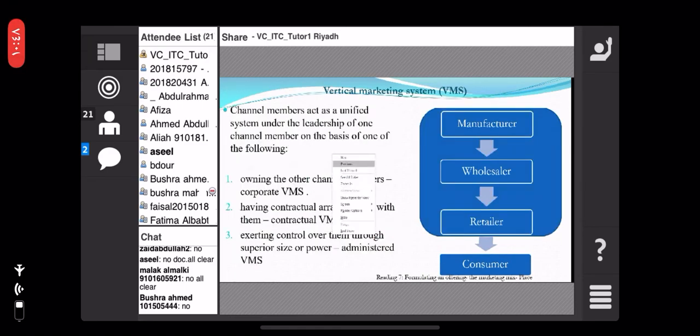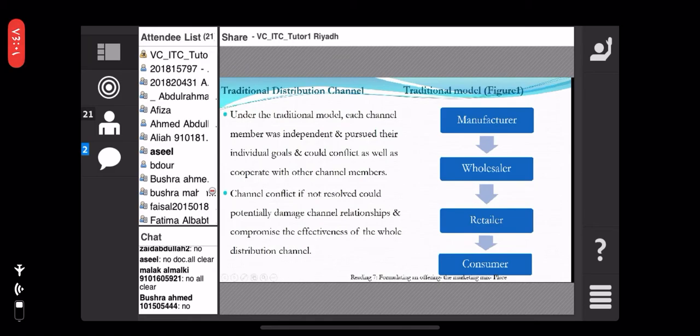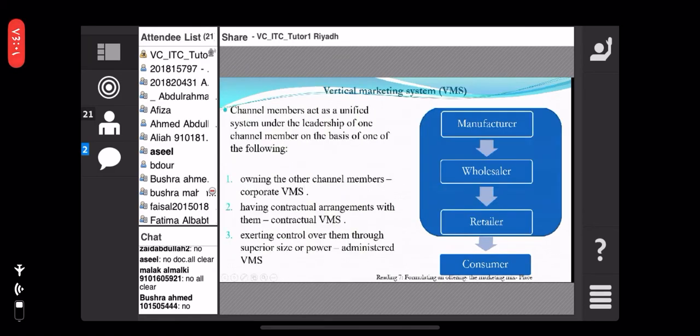By the way, we call this a traditional model. Now the vertical marketing system (VMS). Channel members act as a unified system under the leadership of one channel member on the basis of one of the following: owning the other channel members, which is corporate VMS.